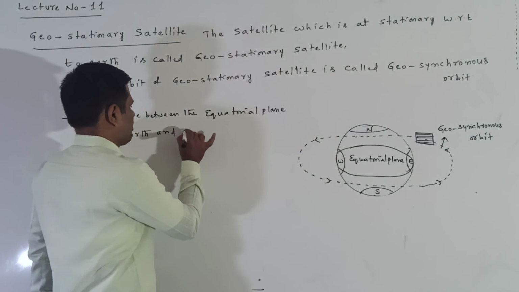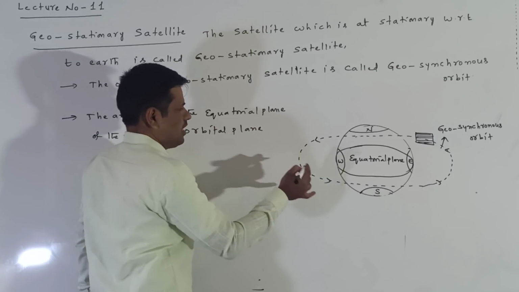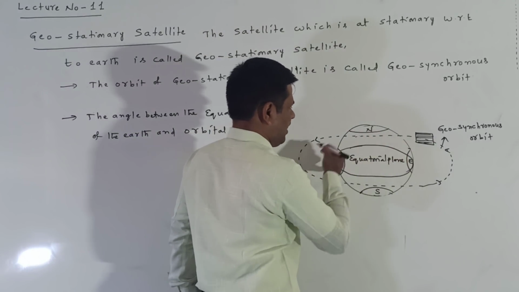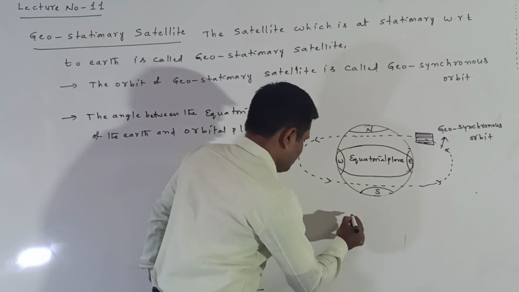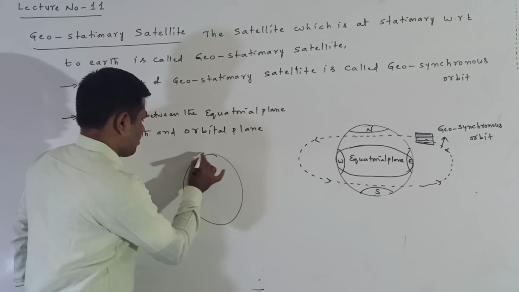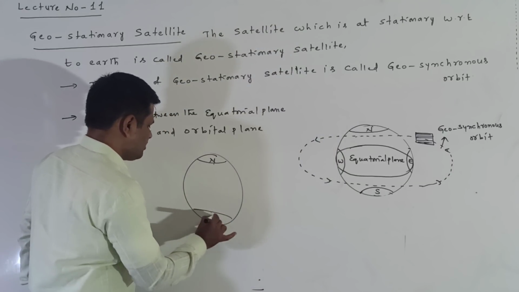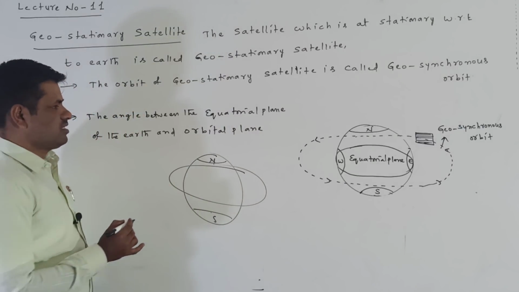Suppose I am showing here: this is the north and south pole, and this is the geosynchronous orbit.